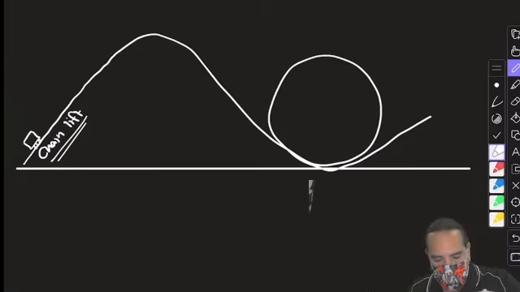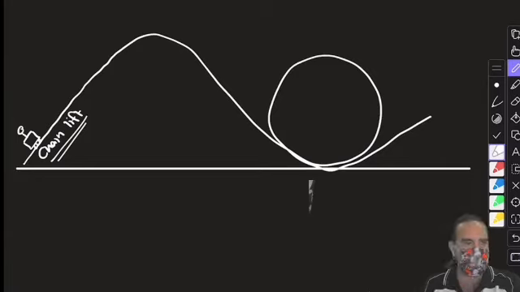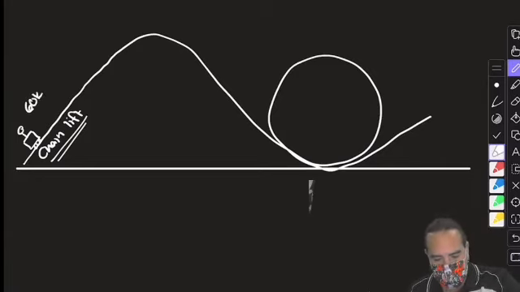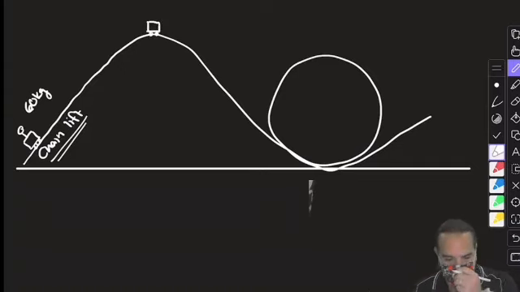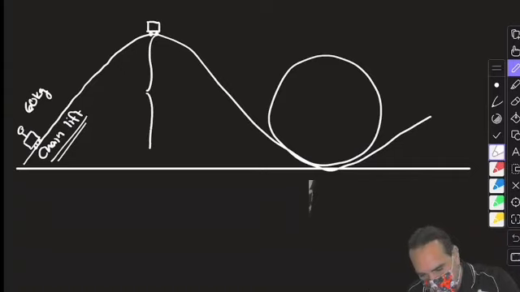So for today, we're going to say that you are riding the Scorpion, which means you, being 60 kilograms, are going to be lifted to the top of the first lift hill. You'll be taken to here. The lift hill is 30 meters above the ground.